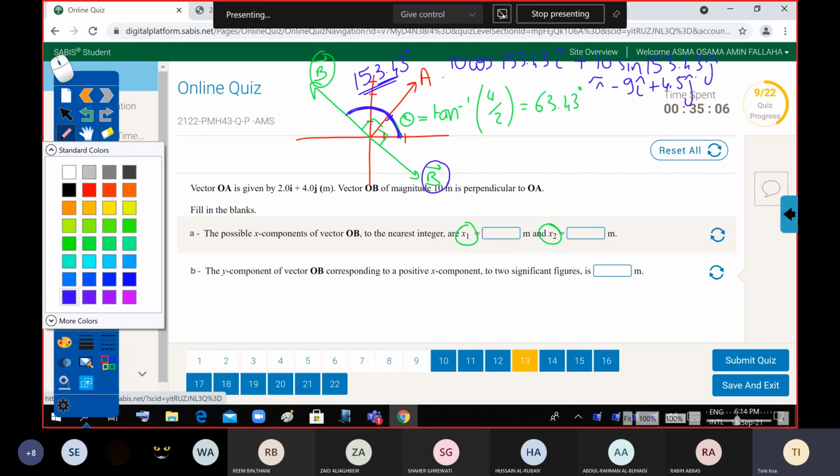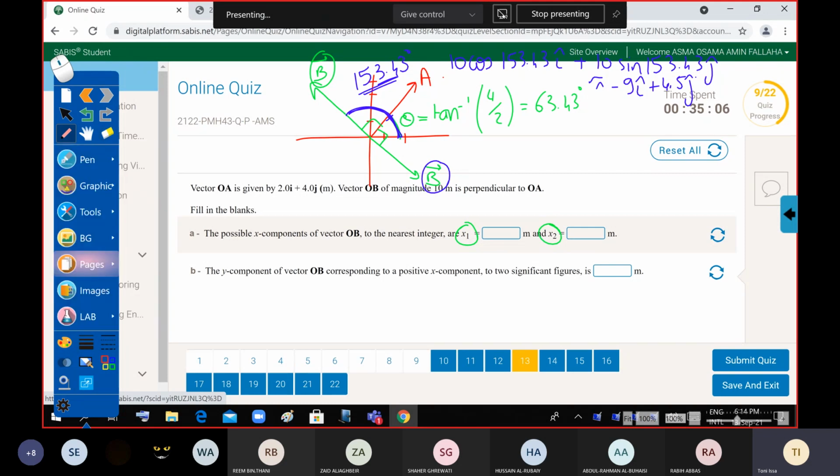Same thing. We need to find this angle. We need to find this one. So how can we find it? Now we can see this is 90, and this is the theta, the 63.43.